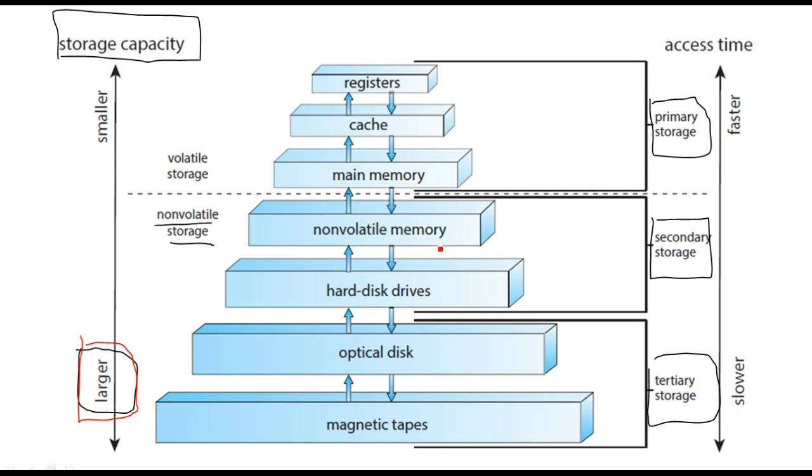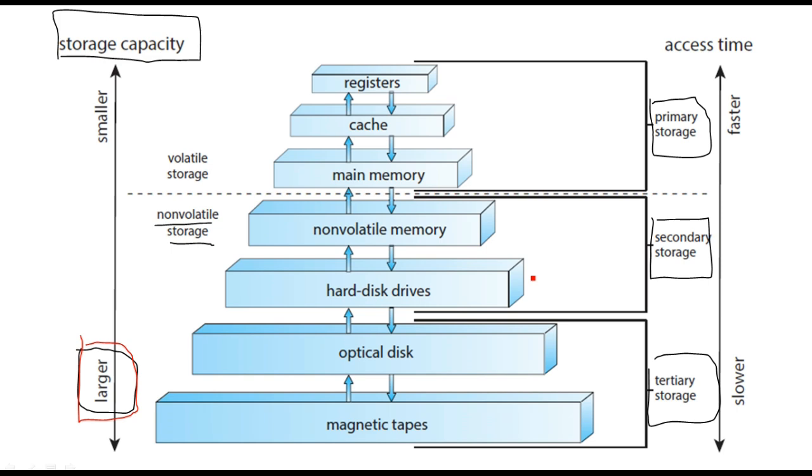Now we want a program and data to reside in the main memory permanently, because whatever data is in the main memory is accessed by the processor directly. But it does not often happen that every data and every program can be in the main memory, because main memory is smaller compared to the non-volatile storage devices.